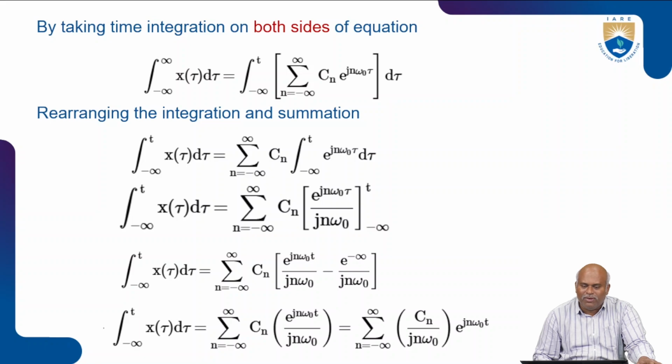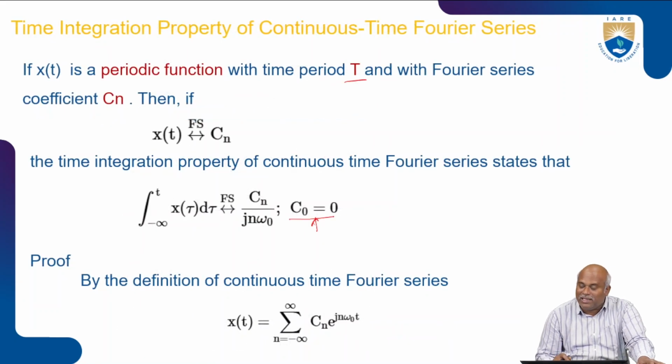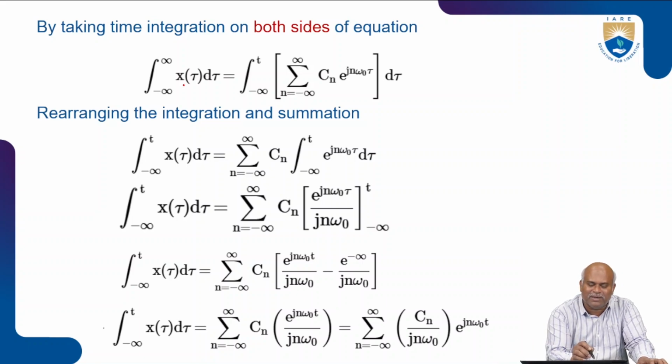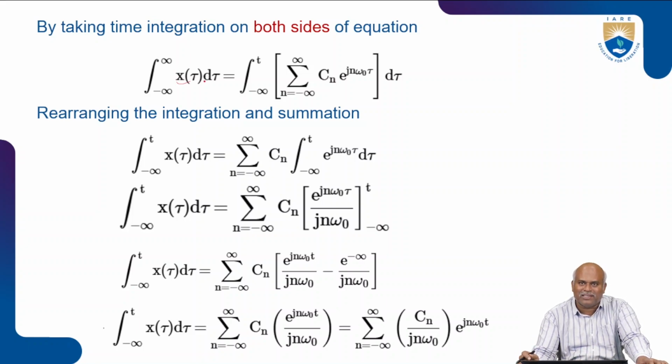Now, what does that equation represent? Here both the left side and the right side, I integrate with respect to tau. So the integration from minus infinity to t of x of tau d tau, we receive for the signal x of t as a periodic signal. Now we have done the integration.